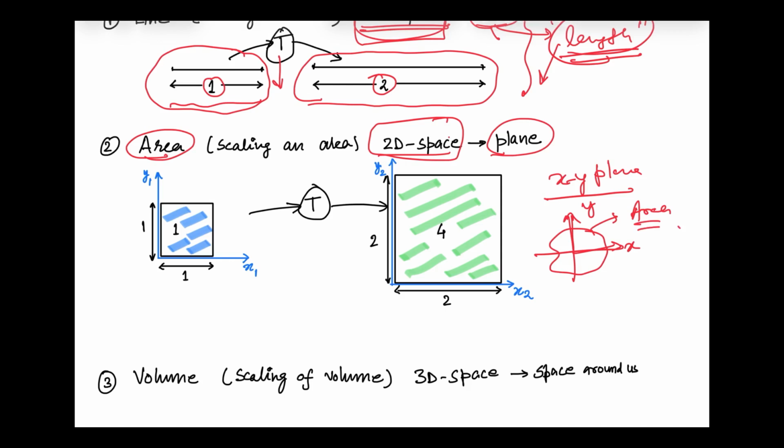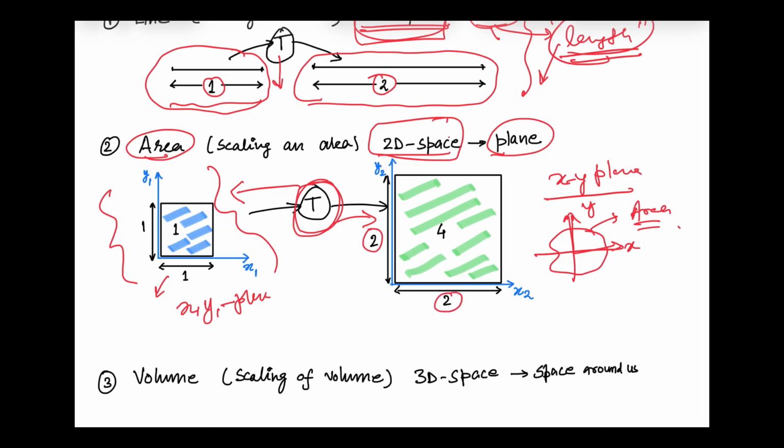Now, for example, if we take unit area of this particular plane, and some transformation is applied on this particular vector space, then this particular vector space gets transformed and gives us this particular transformed vector space. So in this case, the transformation is doing a scale up operation.